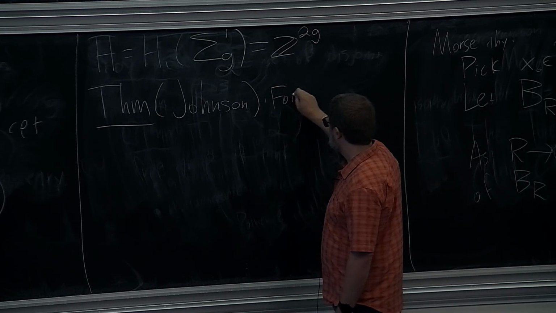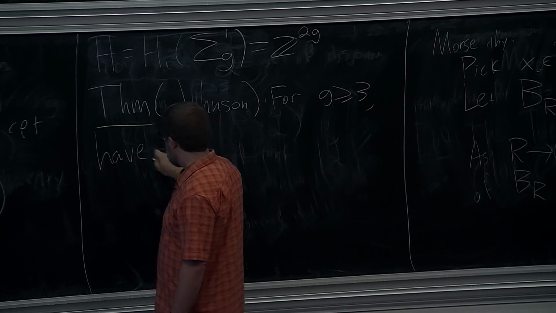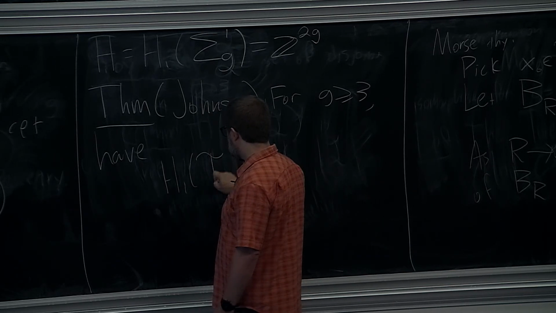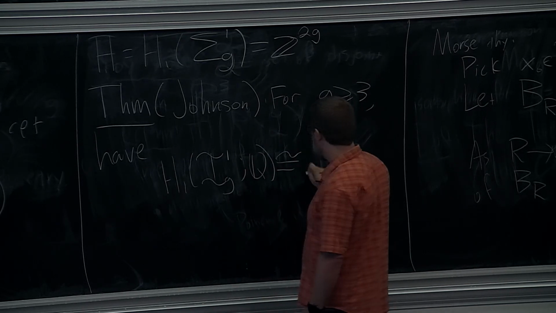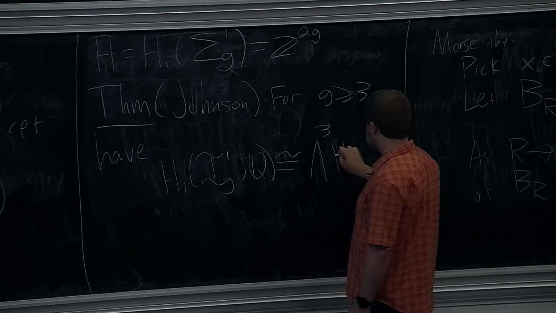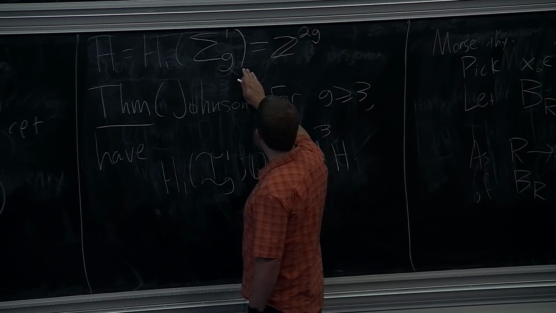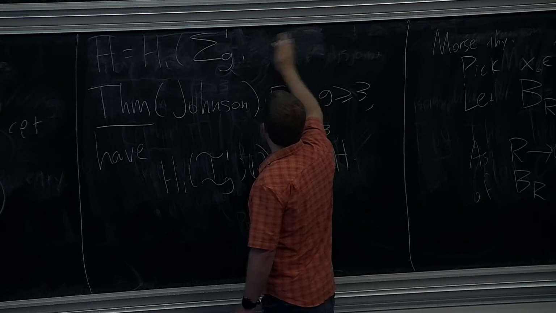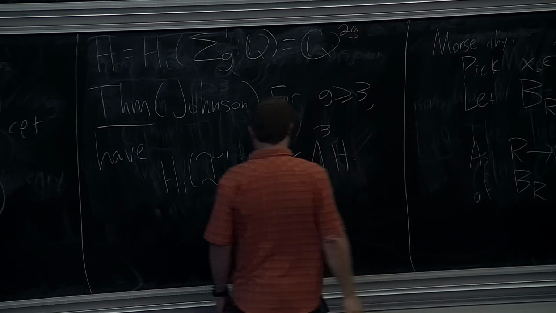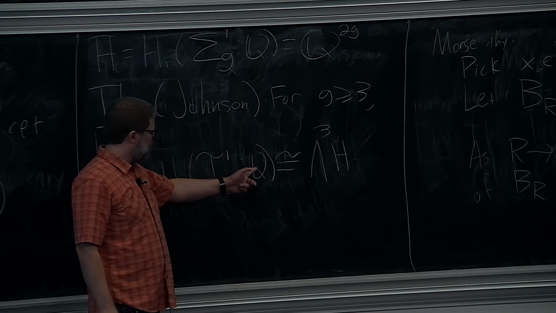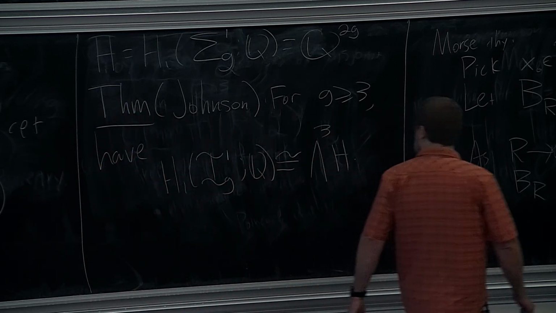He proved that for g at least 3, we have that H1 of Torelli G1 with Q coefficients is isomorphic to wedge 3 of H. What he really showed was that H1 with integer coefficients modulo torsion is wedge 3 of H. That's an integral statement, but this is what I want to show.